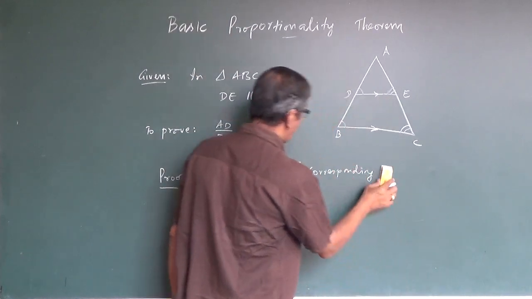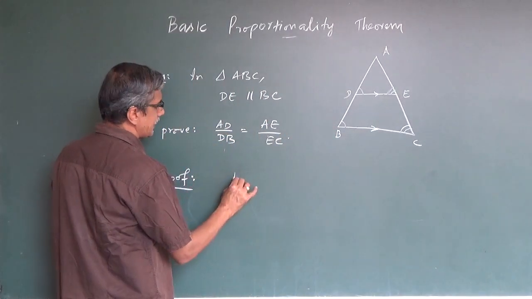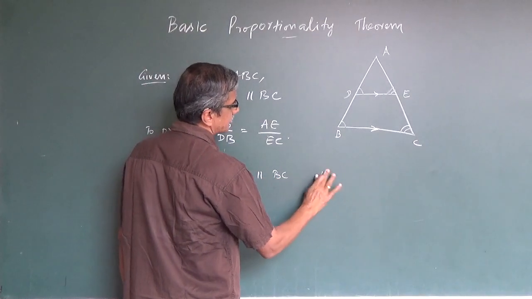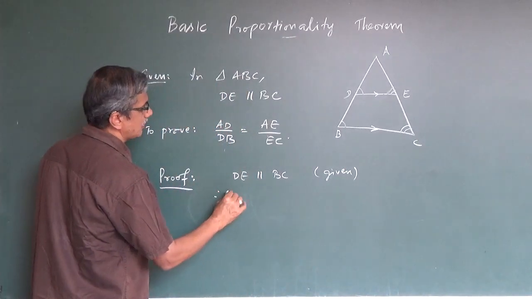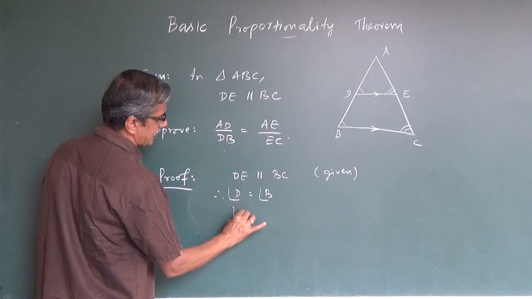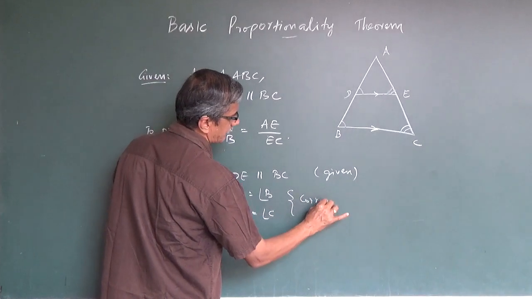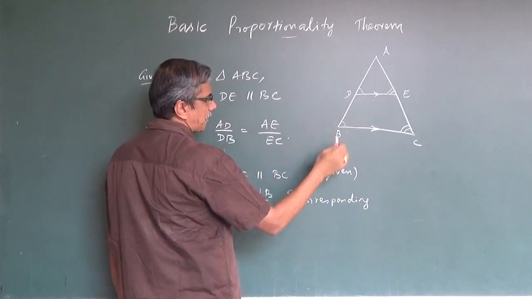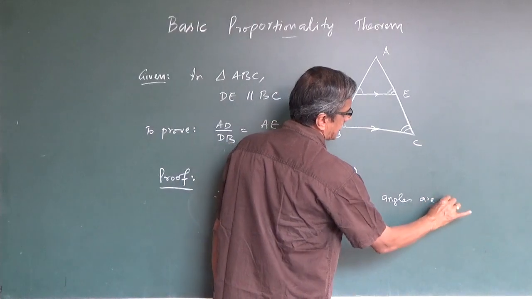We can start with the parallel line. DE is parallel to BC, given. Therefore, angle D is equal to angle B, and angle E is equal to angle C. These are corresponding angles, and they are equal because of the parallel lines.